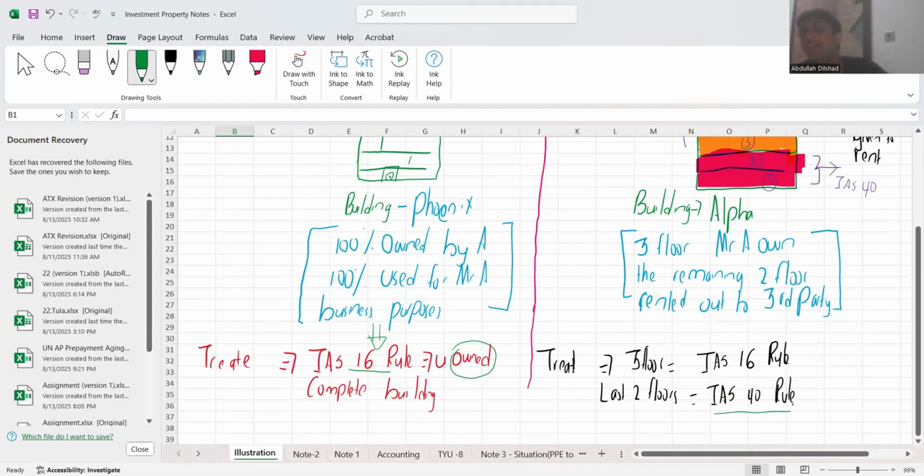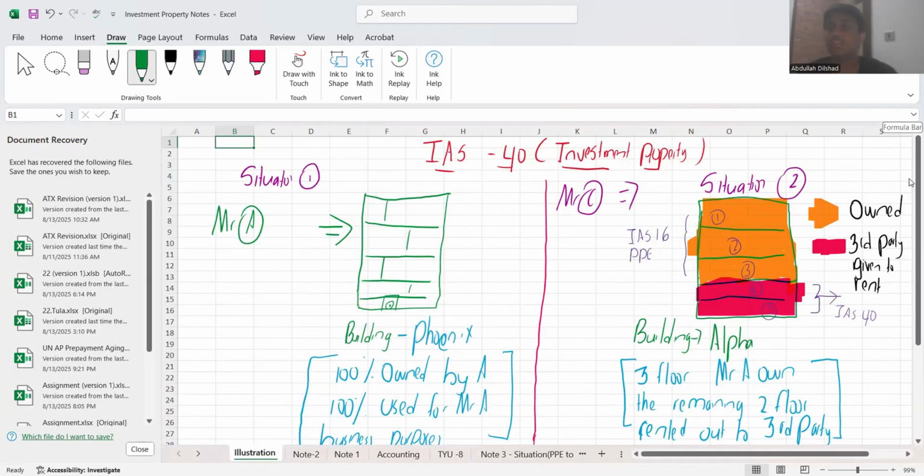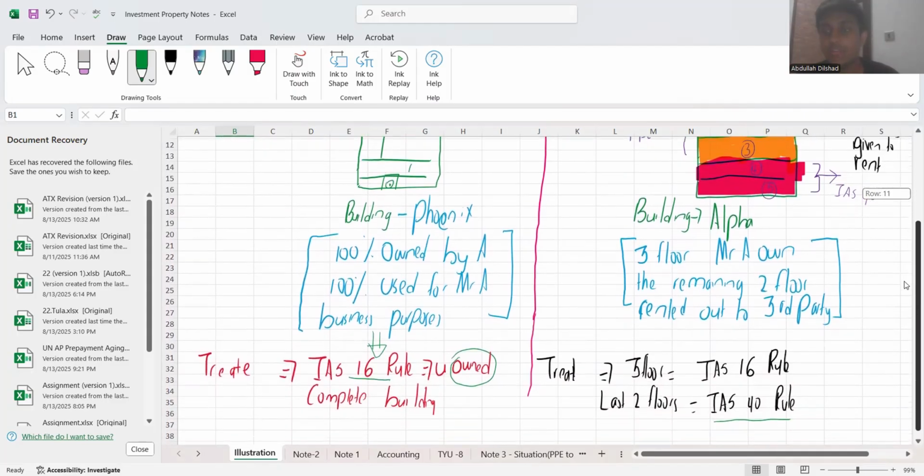This will be treated under IAS 40. So this is the difference between an asset under IAS 16 and an asset under investment property, which is IAS 40. Hopefully, you are clear with this concept.